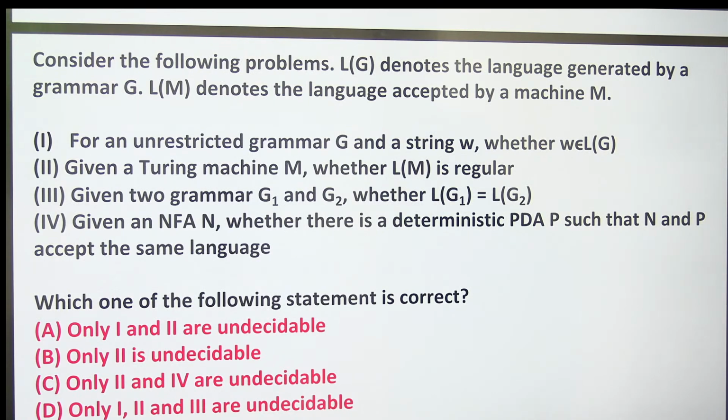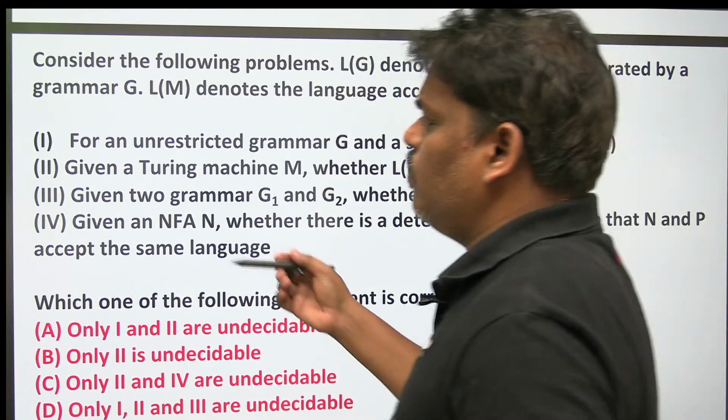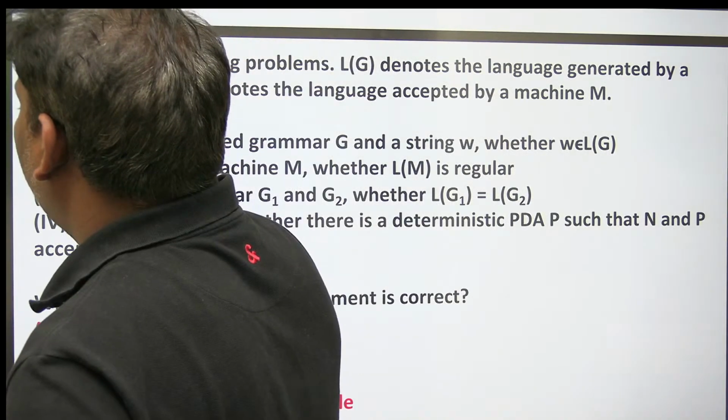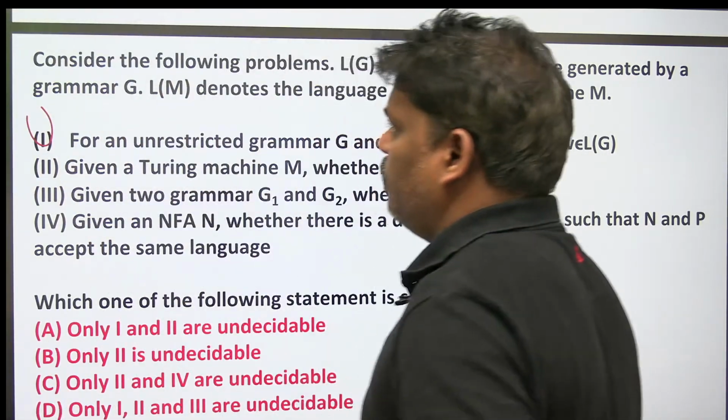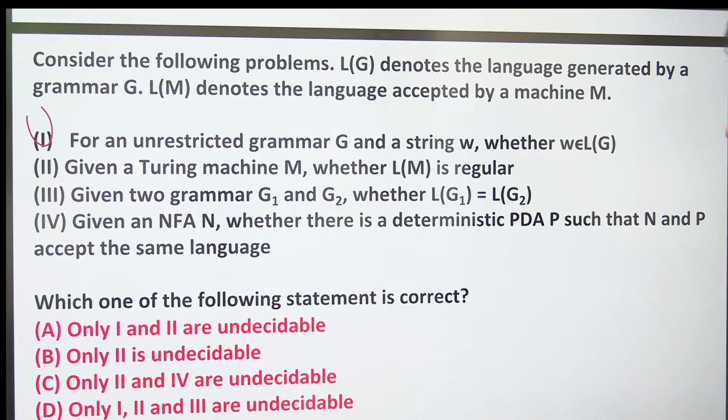I think everyone knows Turing machine. String W, whether W belongs to L of G, I think it is a membership problem, right? Turing machine membership problem is undecidable. Next one, given a Turing machine M, whether L of M is regular.